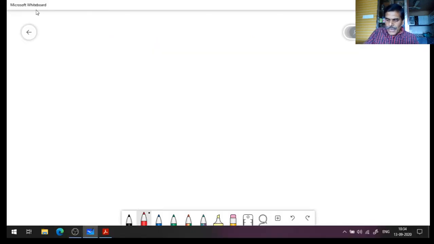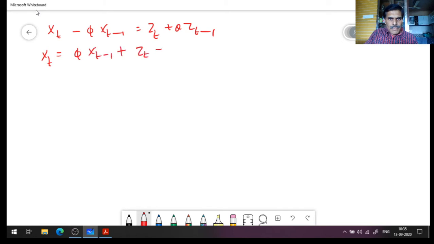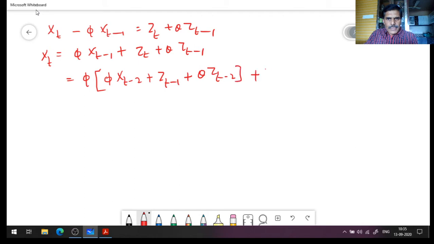For example, if you write xt minus phi xt minus 1 is equal to zt plus theta zt minus 1, I'll write xt as phi xt minus 1 plus zt plus theta zt minus 1, and now I will write xt minus 1 as phi xt minus 2 plus zt minus 1 plus theta zt minus 2, plus zt plus theta zt minus 1.